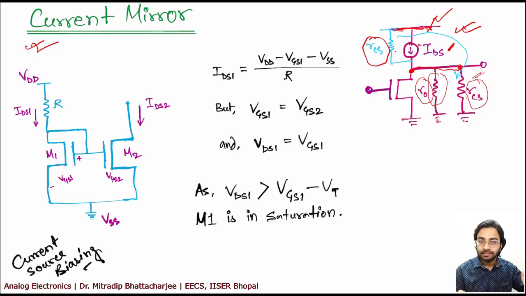Physically it will be very high. So in that case the effect of R0 will not be hampered that much. At least RCS will be equal to R0, so that the total resistance becomes R0 by 2. So still it is in the same order. But if RCS is very low, you'll find your output resistance has no effect in the circuit. So that is why we say that current biasing is good.